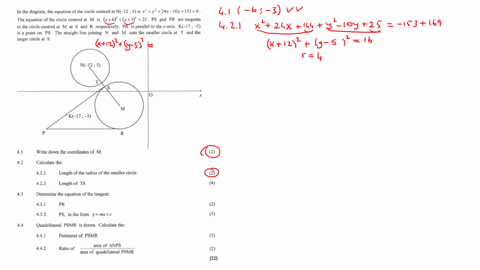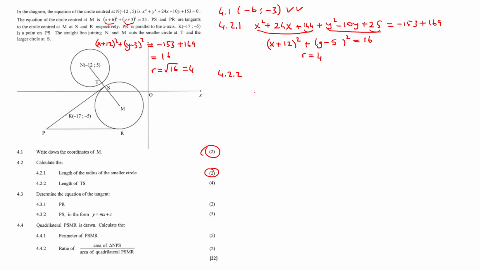The negative 153 is on this side, so in order to get the radius, you must add here 169. Then the radius squared is 16, so r is the square root of 16, which is equal to 4. But if you learn it this way, then you can get both the coordinates of the center and the radius at the same time.